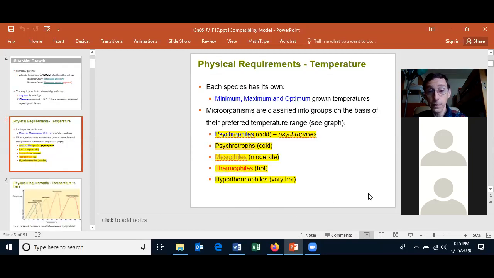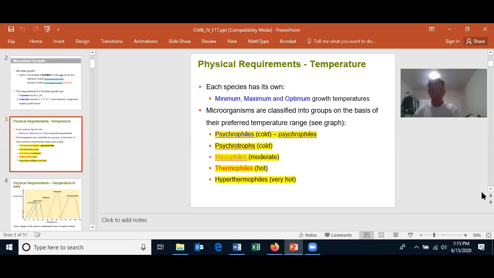There are physical requirements. Temperature is a physical requirement of things to live. And each species of bacteria has its minimum temperature it will grow at, the maximum temperature it will grow at, and an optimum temperature that it will grow at. The optimum temperature is when the species will grow the best.